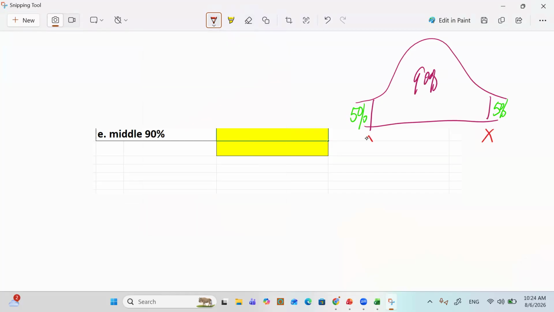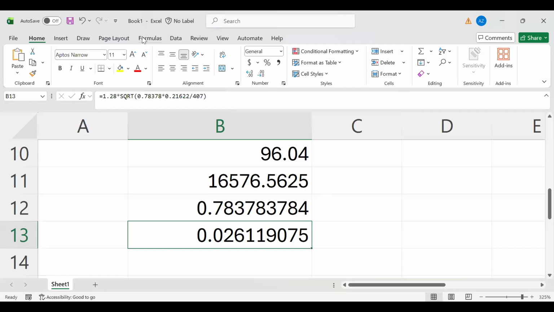X value here and x value here. And for the bigger height on the right side, the area is going to be 95%. And then for the smaller one, it's just going to be 5%. So go back here to Excel.